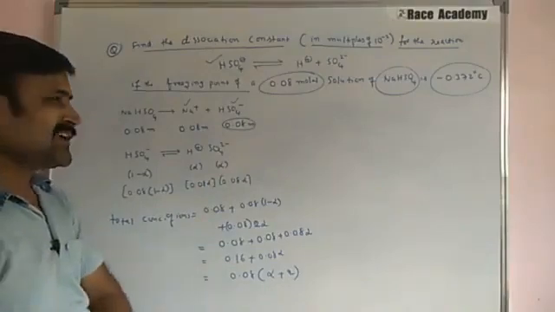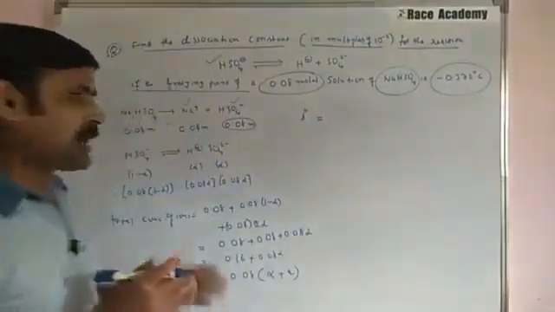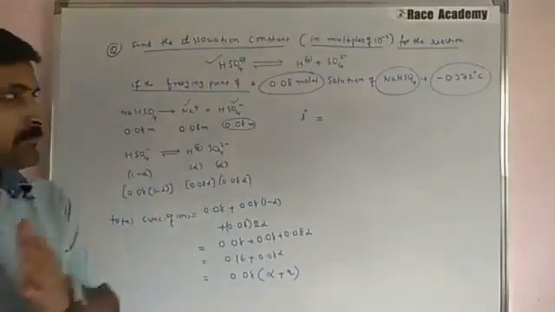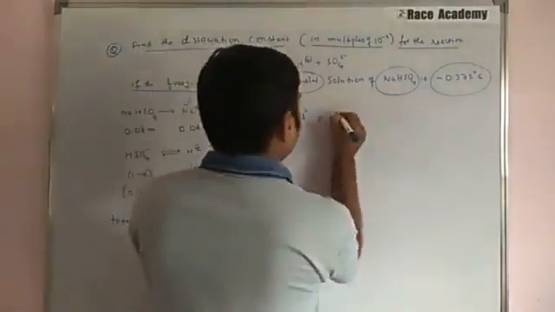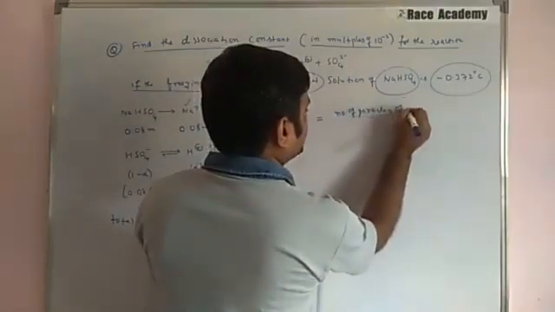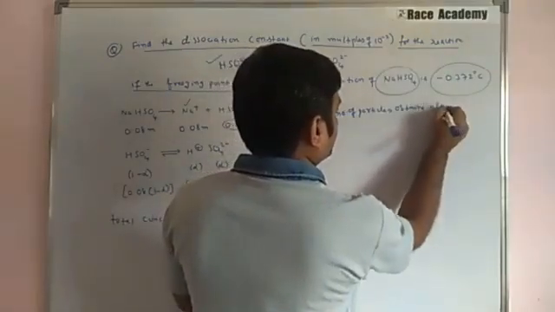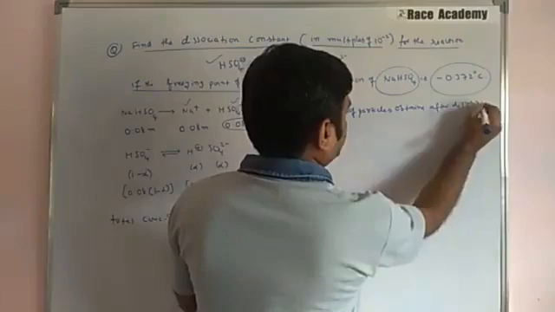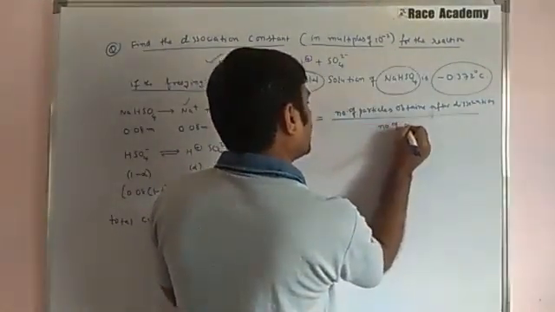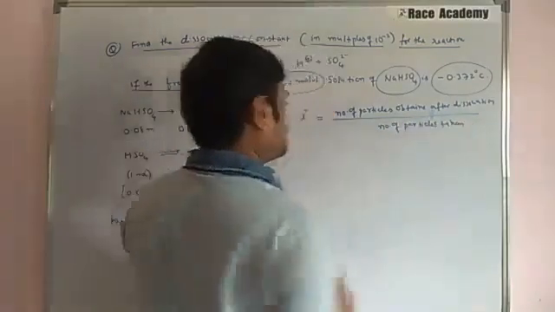So the Van 't Hoff factor expression is the number of particles obtained after dissociation by the number of particles taken before the dissociation.